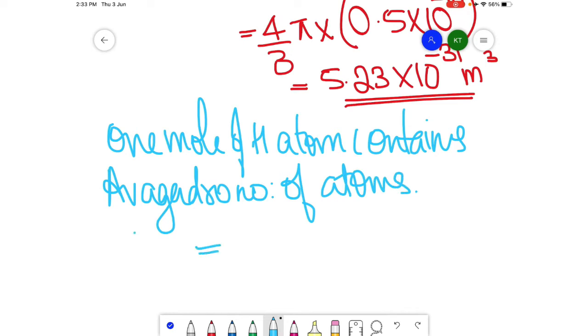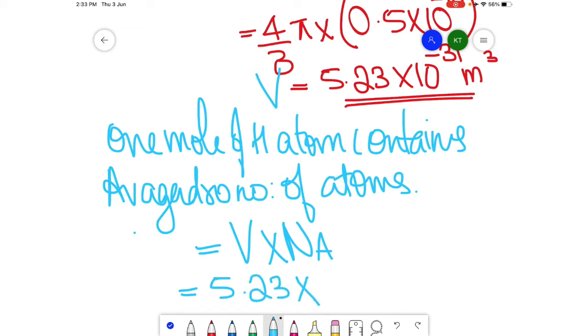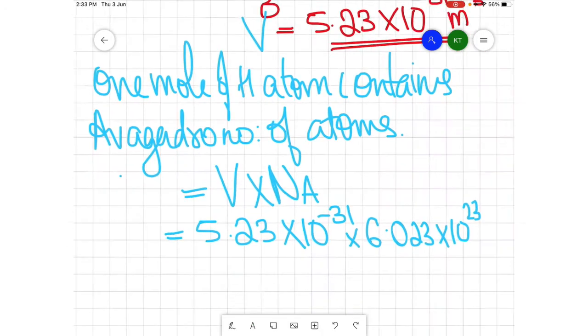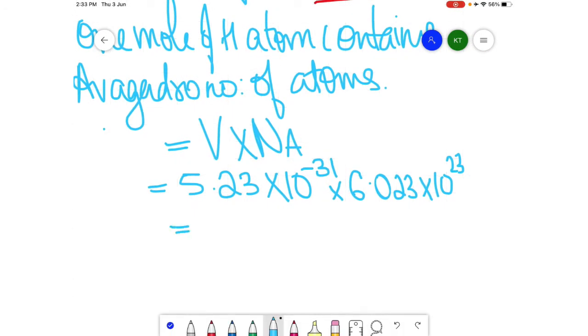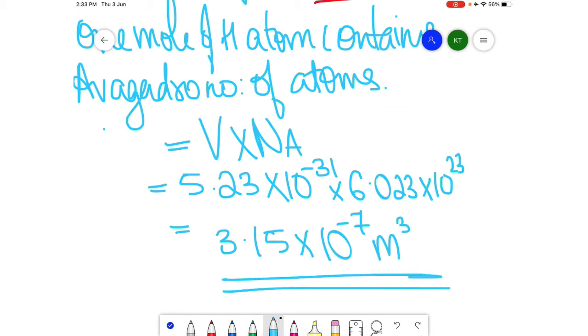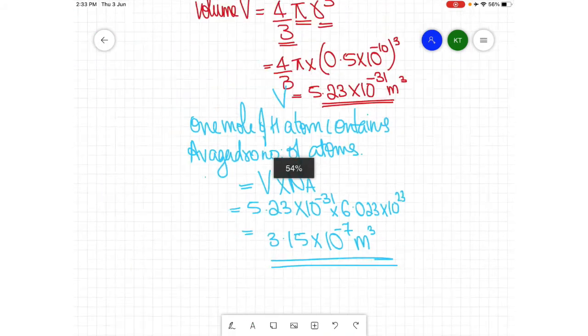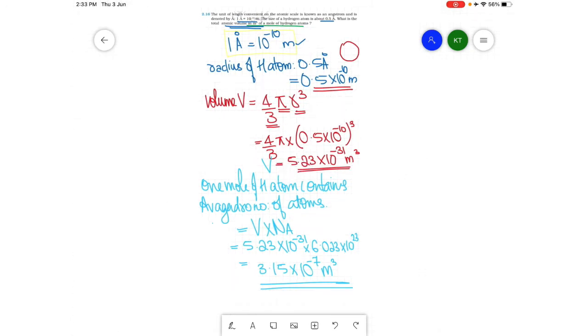Therefore our volume will be equal to V, the atomic volume, into Avogadro number. That is 5.23 into 10 power minus 31 into 6.023 into 10 power 23. This will give our volume to be equal to 3.15 into 10 power minus 7 meter cube. This is our final answer for this question.